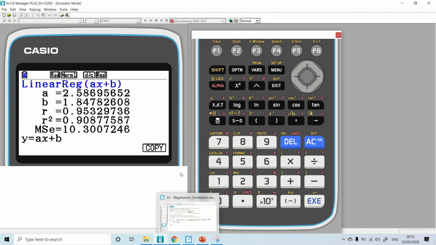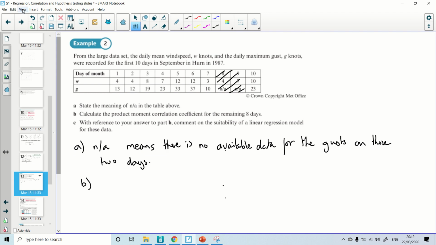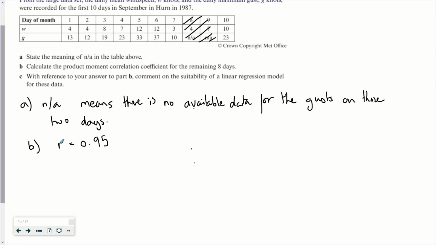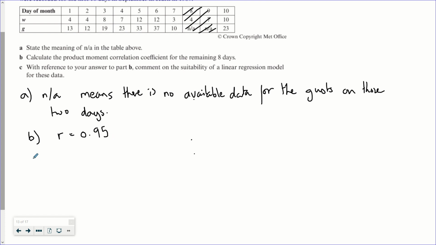So let's go back to the example. We can just write down r equals 0.95. You don't need to show any working out because the exam board know that you're going to use your calculator. And then in part C, it says, with reference to your answer in part B, comment on the suitability of the linear regression model for this data.